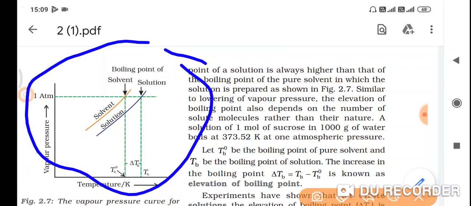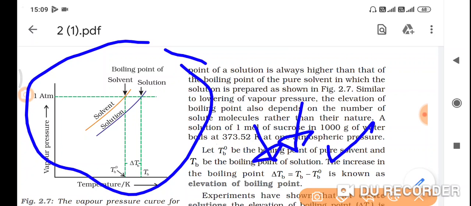Before talking about the graph, first there is an equation: delta Tb is equal to Tb minus Tb naught. So delta Tb is the change in temperature which is brought about when 1 mole of sucrose is added in 1000 gram of water.